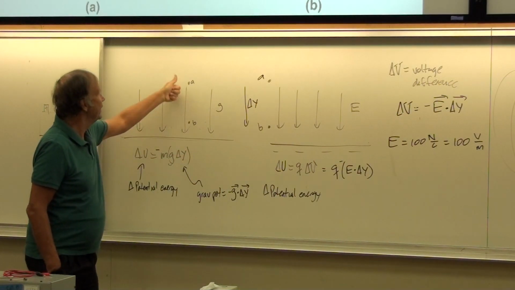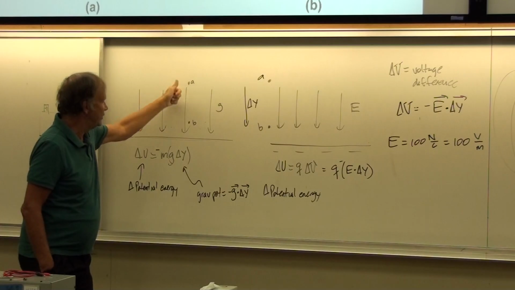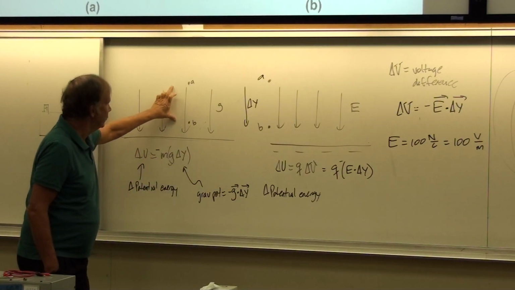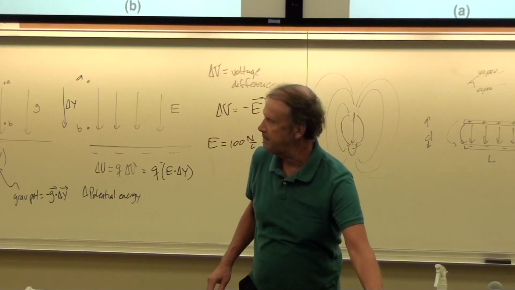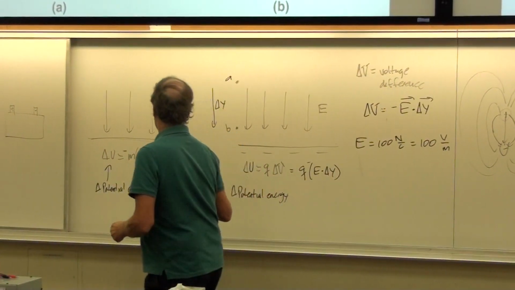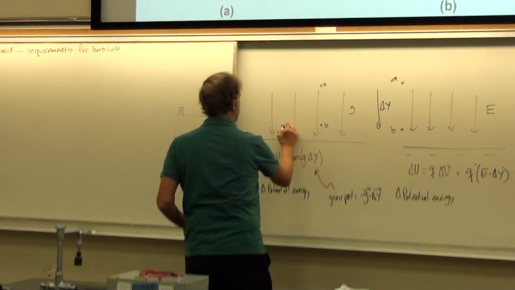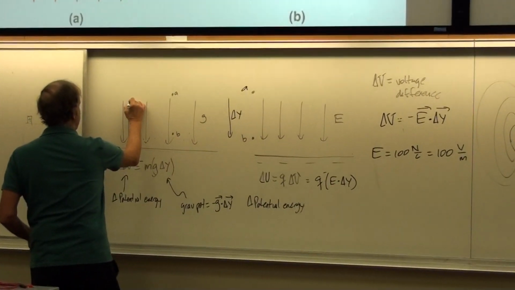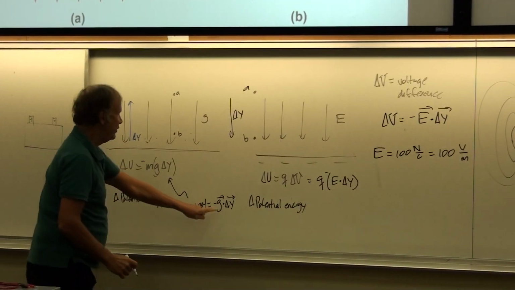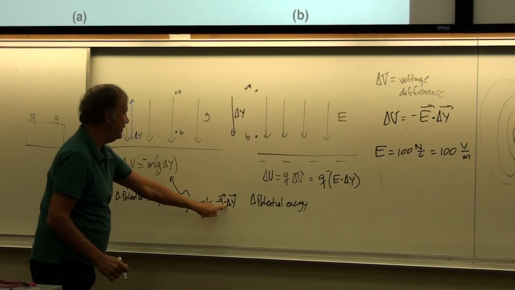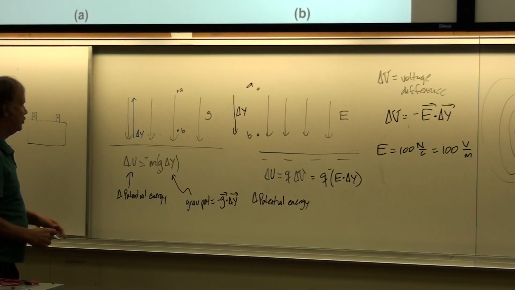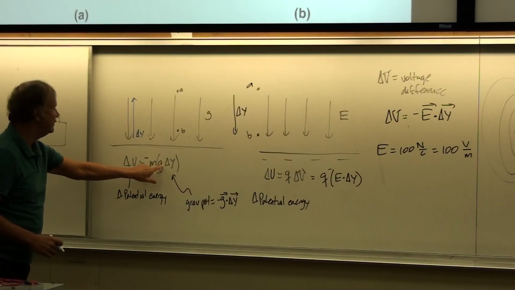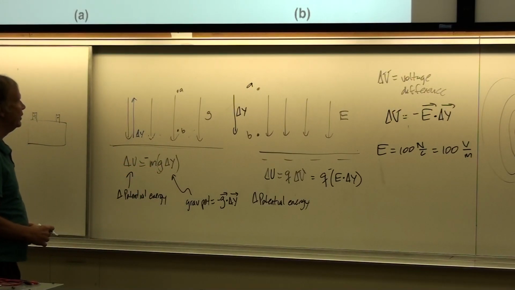But if you went against the gravitational field, then the delta y would be positive because you'd be lifting it up against gravity. You went that way, and so then your angle would be 180, and you would get plus mg delta y. And so we could define the gravitational potential as being g times delta y.